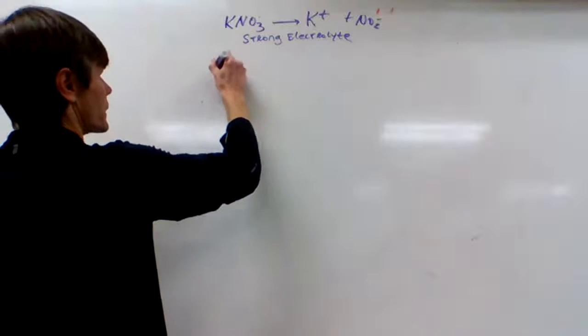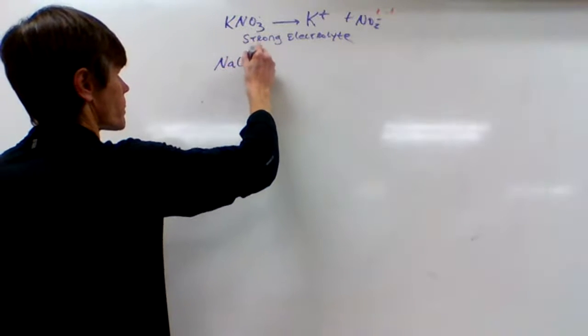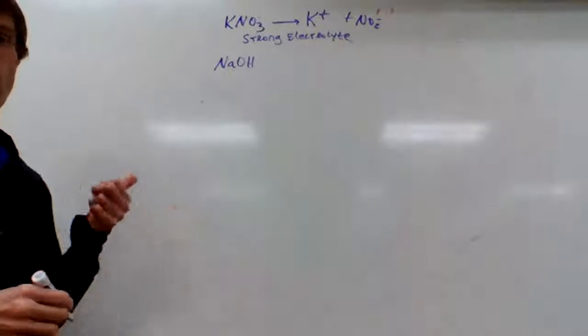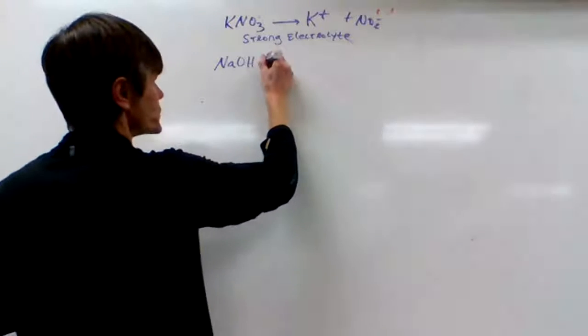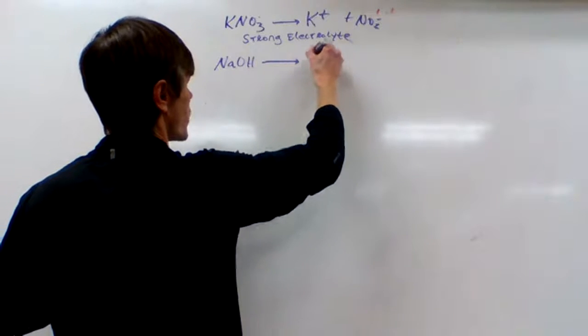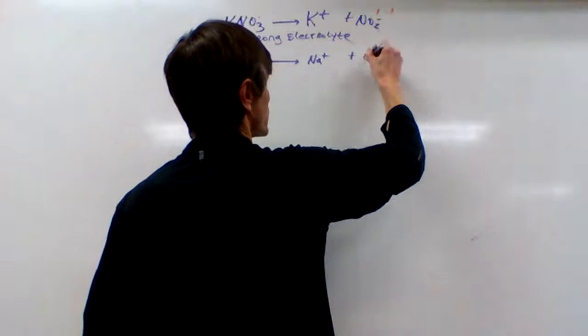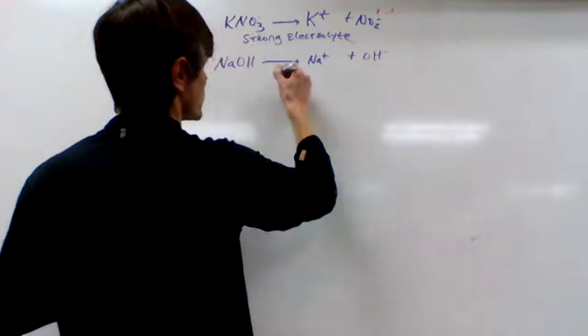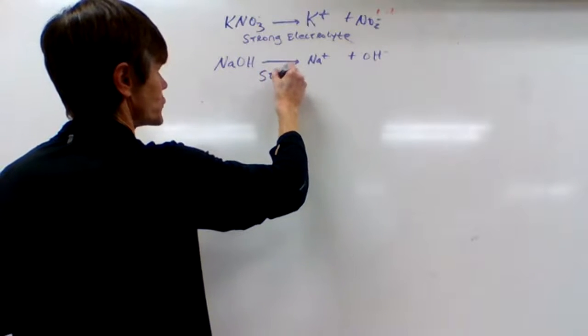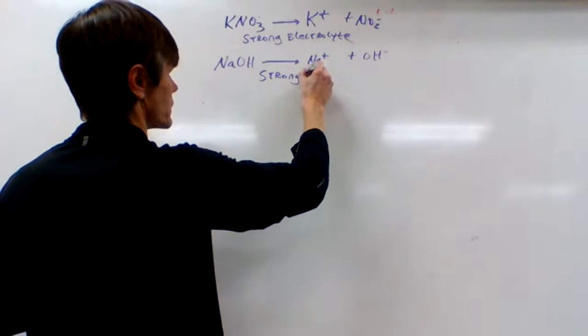Sodium hydroxide. It's a strong base. If we put sodium hydroxide into water, we get sodium ions and hydroxide ions, and this would be a strong electrolyte.